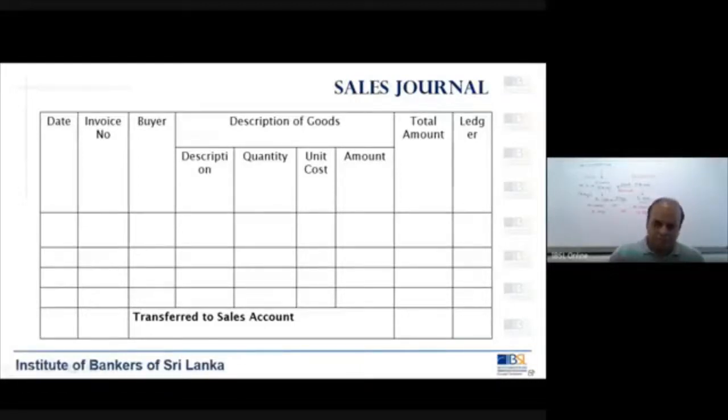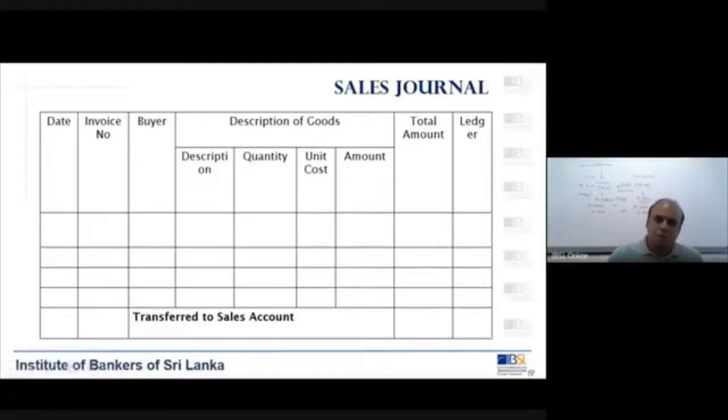Again, the date, invoice number, the invoice number here will be the original invoice, and the buyer will be the same person, description will be same, and the quantity here will be the number of quantity returned, and the rest of the things will be same as what you did earlier.